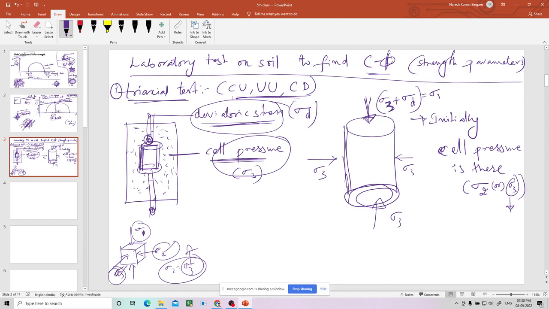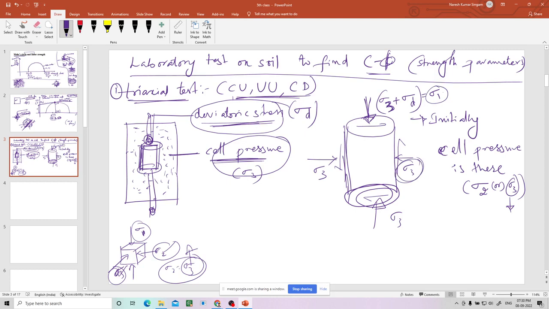Now are we applying any shear stresses? No, we are not applying any shear stresses along these planes. That is the reason why in the triaxial test these are called principal stresses. This is called minor principal stress, this is called major principal stress.